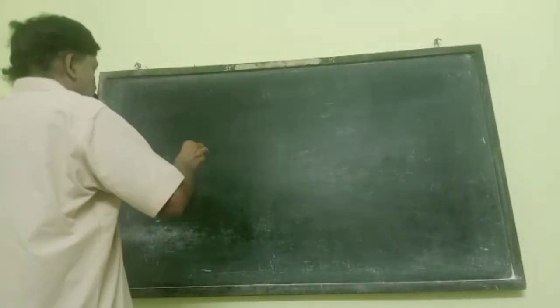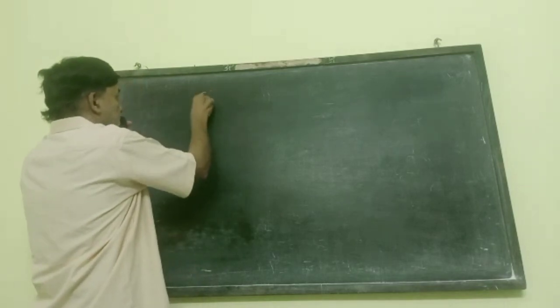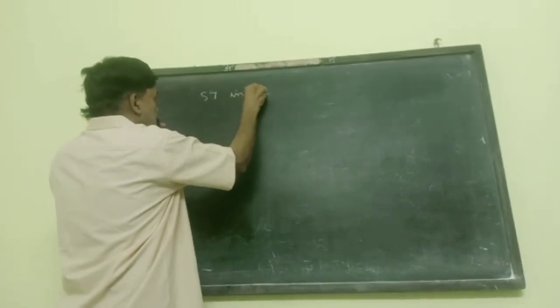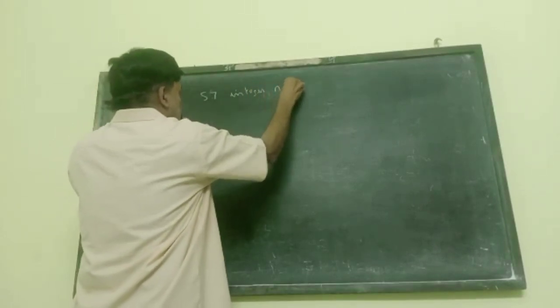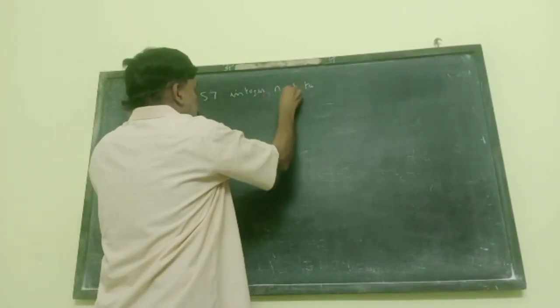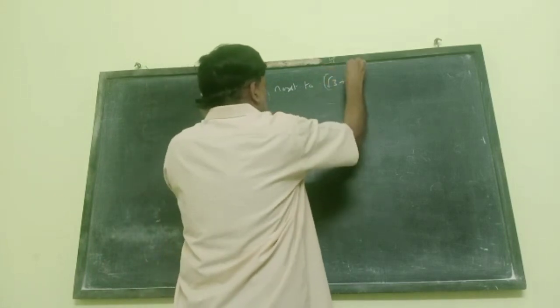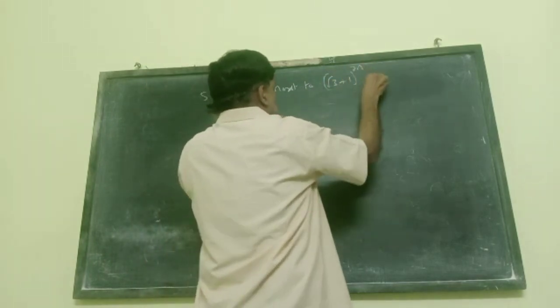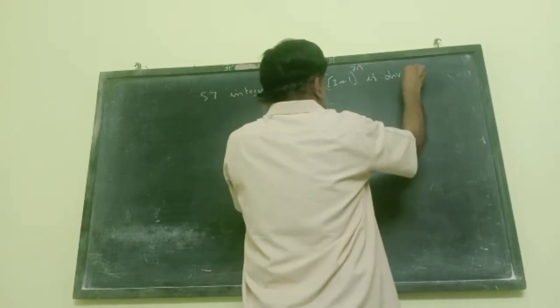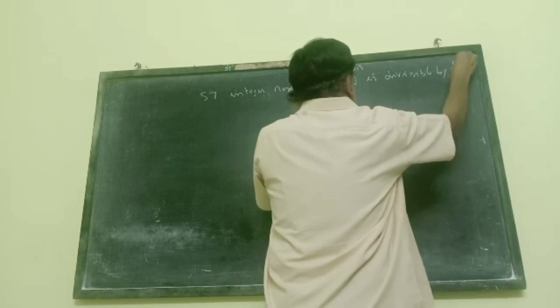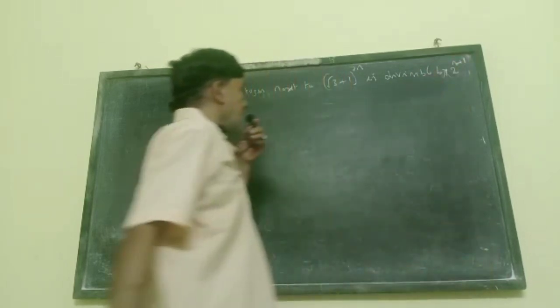The next question is, show that the integer next to root 3 plus 1 whole power 2n is divisible by 2 power n plus 1.